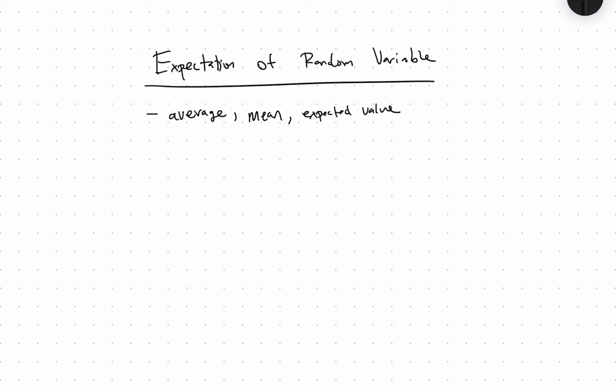In any scenario in probability, you pretty much have an experiment that you're doing. So let's go back to the basics and say our experiment is one die roll.